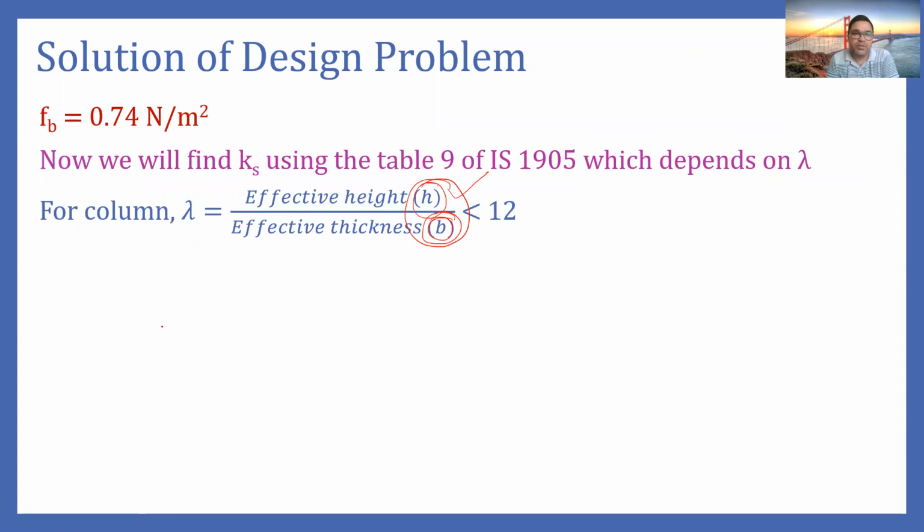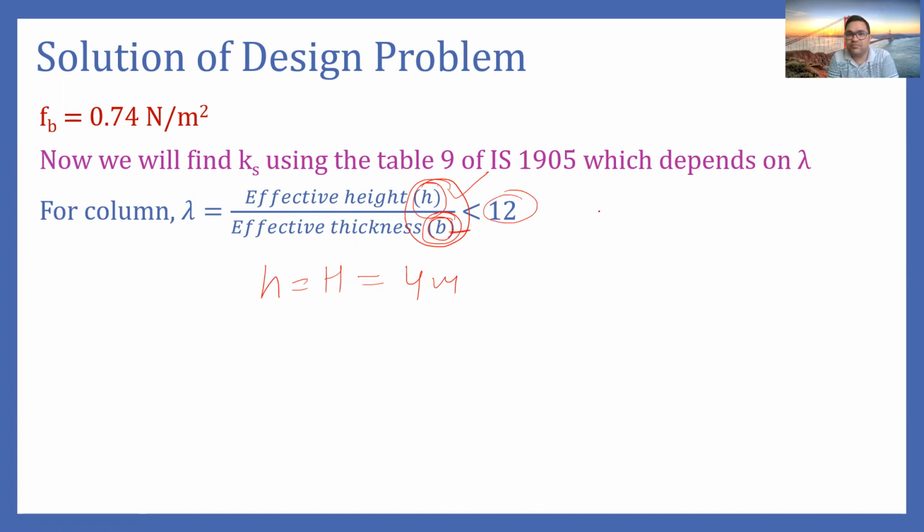We know that for a pillar, effective height is the actual height, and the actual height in the problem is given, which is 4 meter. So effective height is known. If we consider the maximum limit of lambda, can we find out the least lateral dimension for this maximum limit?